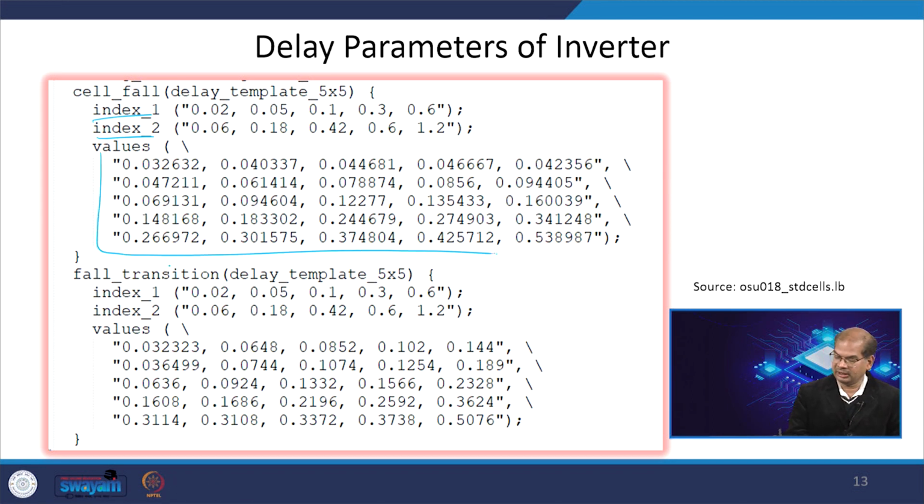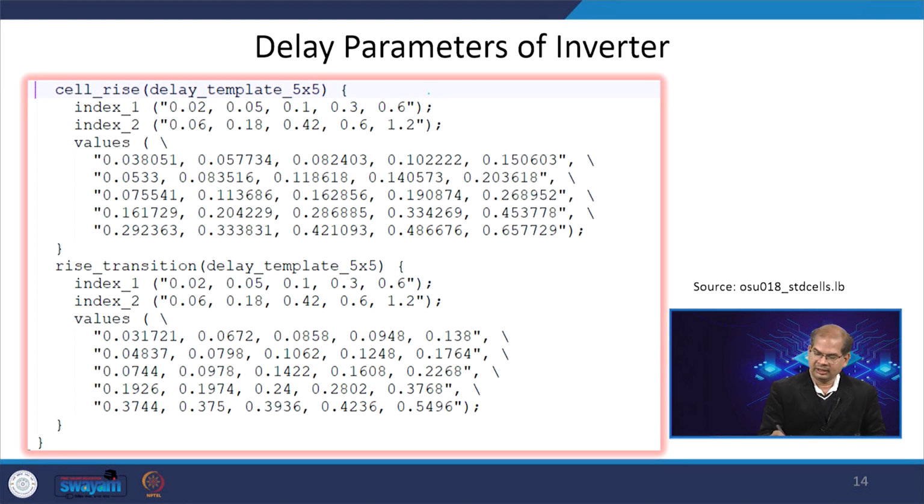These are the delay values: this is the fall propagation delay, this is the fall transition time. Similarly, this is the rise propagation delay, then the rise transition time. So for only an inverter we have 4 tables corresponding to the timing.